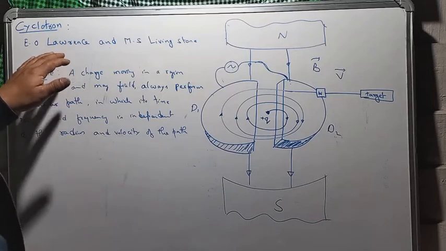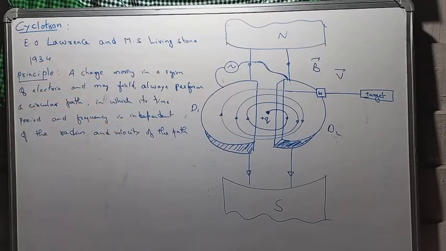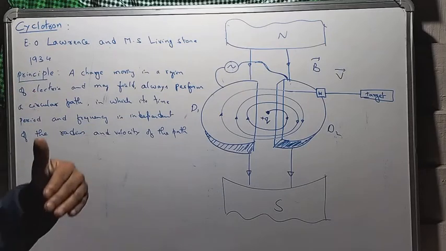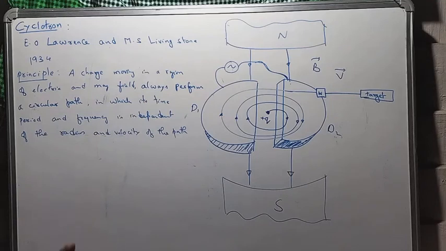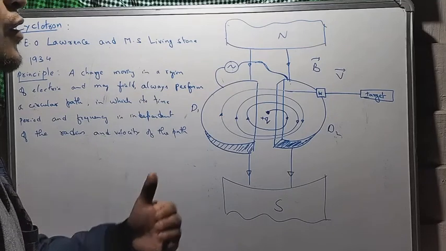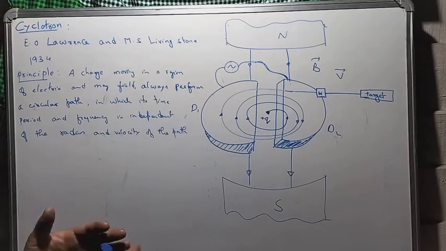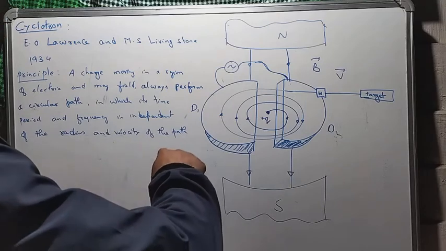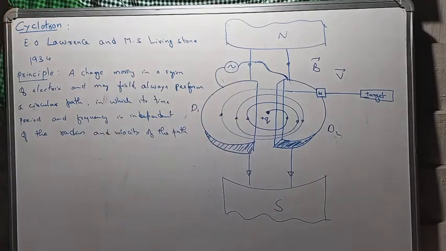Now let us look at the principle of cyclotron. The principle of cyclotron says that when a charged particle enters a region where both electric and magnetic fields exist, then that charged particle will perform a circular path.